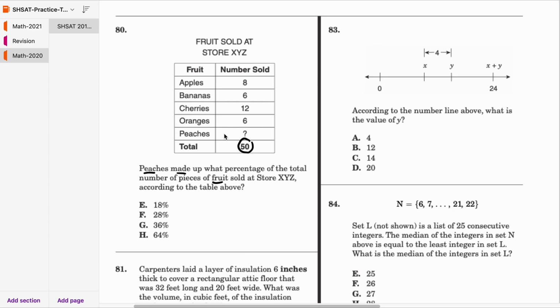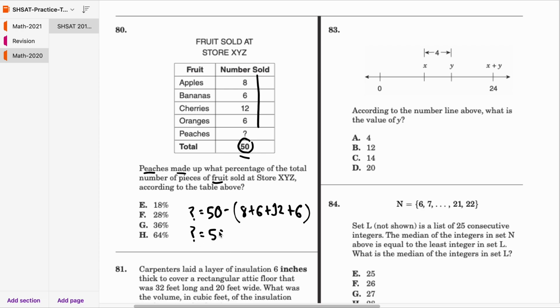So we can calculate the number of peaches by saying we know that there are a total of 50 fruits sold. We know the number of the other fruits sold. So to get the number of peaches, we just take the total number of fruits sold and we subtract the total number of fruits sold except for peaches, which we can just get by adding the other fruits together.